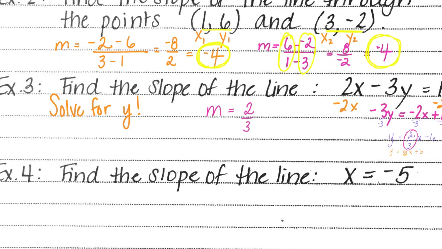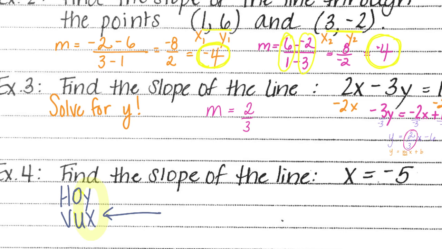All right, moving on to example 4. Remember we learned the words hoi vux. Remember, hoi is on the y-axis and vux is on the x-axis. So I know that because hoi vux. Because this one is saying find the slope of the line x equals negative 5, I'm going to need the vux, not the hoi.